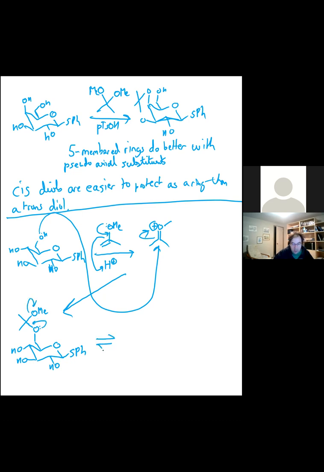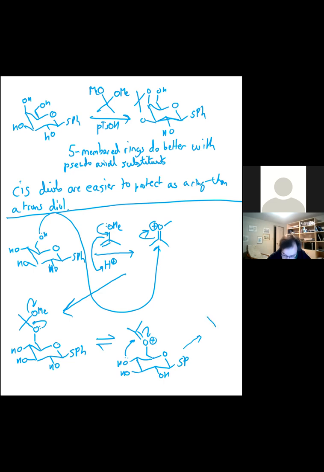This, of course, is in equilibrium. And we have basically the same thing we saw with the benzylidene. And so that's going to ring close onto that. Something weird happened there.